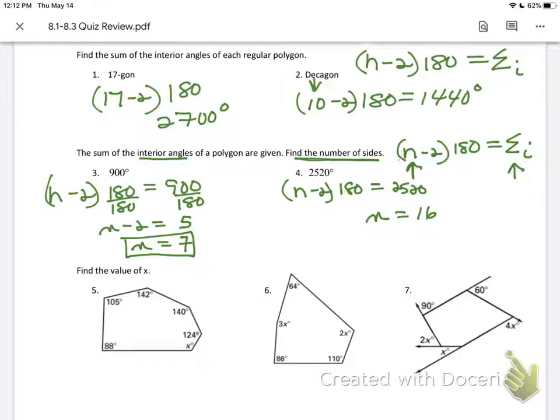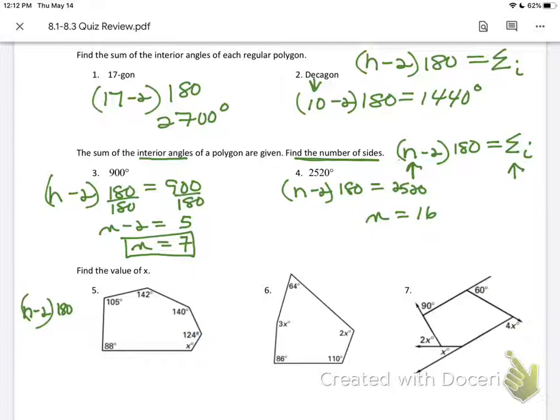Okay, looking at problem 5. You have to recognize these problems as two-step problems. So 5 and 6 is going to be a two-step problem. I have to first figure out, using n minus 2 times 180, how many degrees I should have in here.